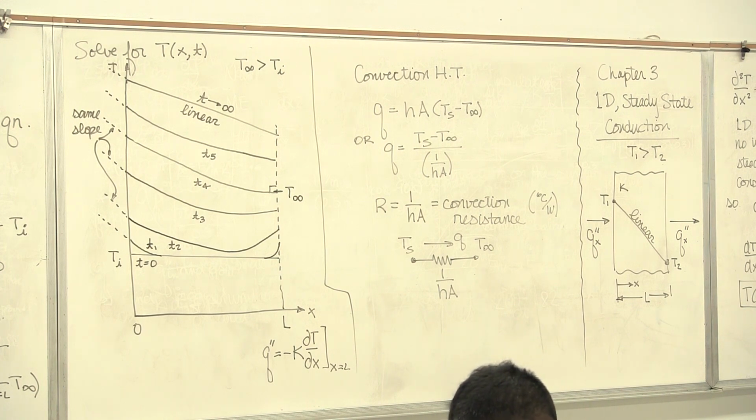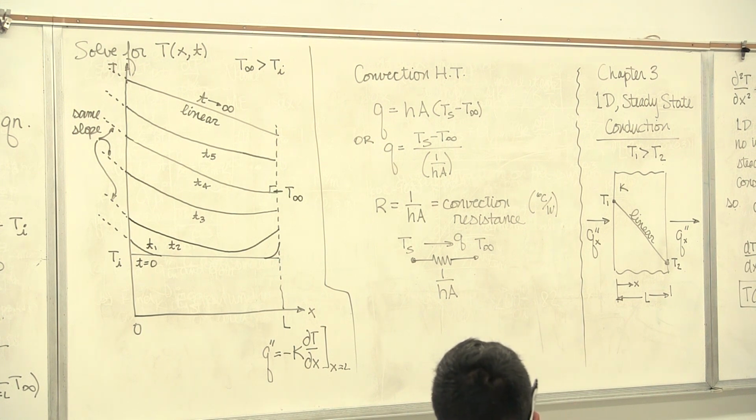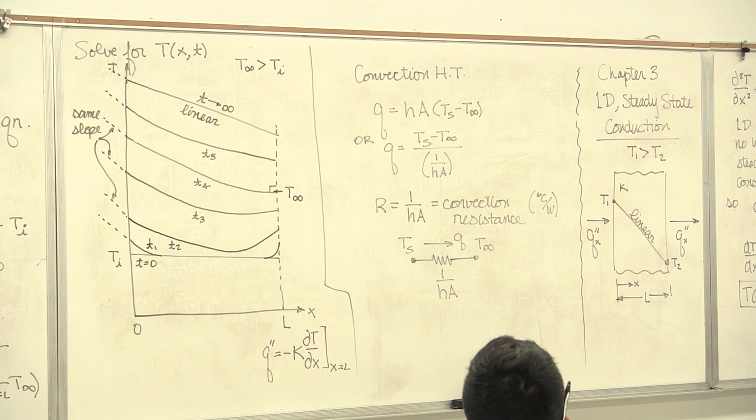Now, if I want a high value of resistance, I need a low value of K. Don't make the wall out of copper or aluminum. Make the wall out of something insulating. Concrete's pretty good. So, if you want R to be large, you make K small.